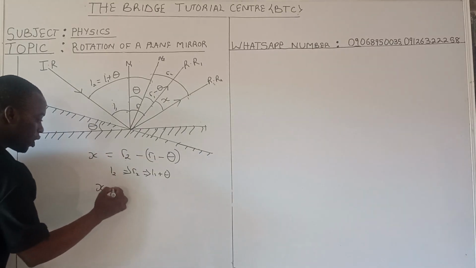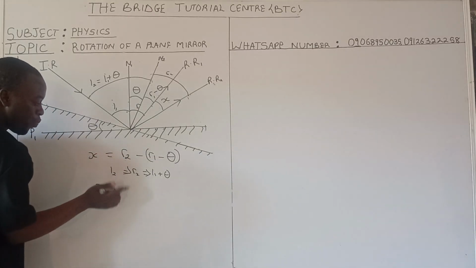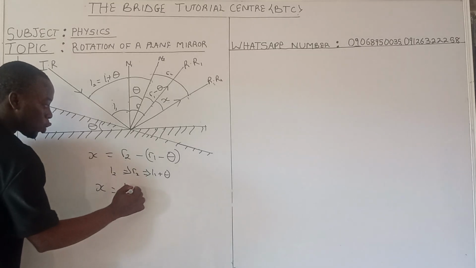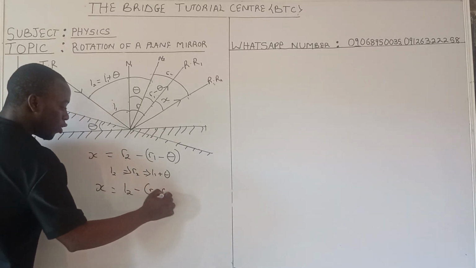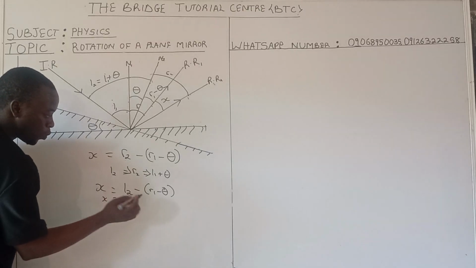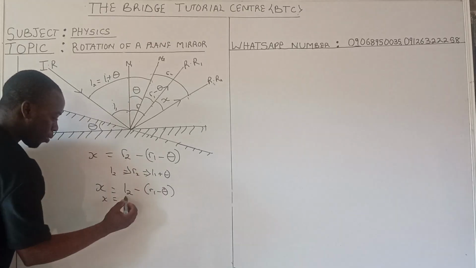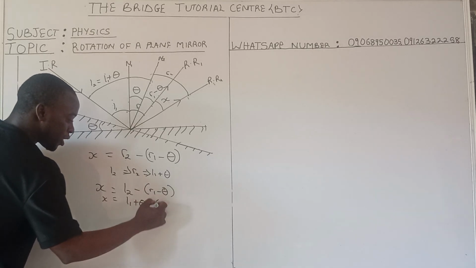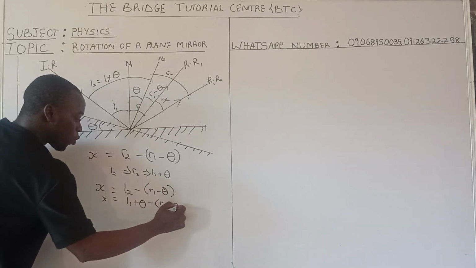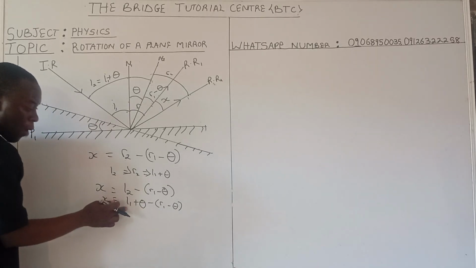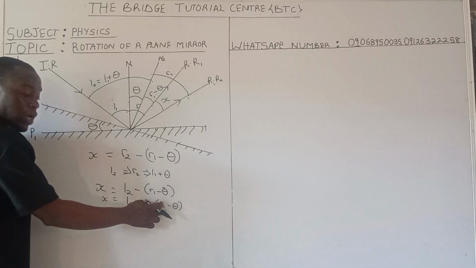So our x now equals, what's our R2? Our R2 is now equal to I2. So we can say I2 minus (R1 minus theta). So we have x equals, what's our I2? We have I1 plus theta. So (I1 plus theta) minus (R1 minus theta). So we have x equals, our angle of incidence must equal angle of reflection.